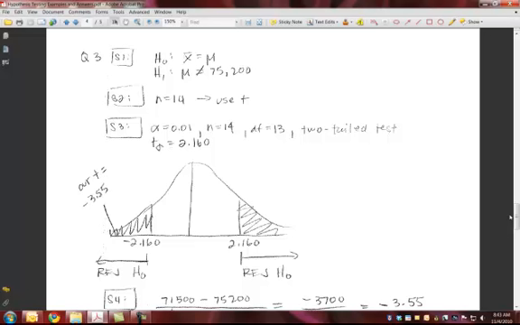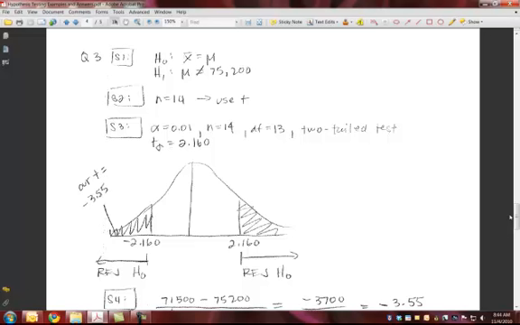So we go and we hit the t-table, we scroll down to a degrees of freedom of 13, we go over to the row that has two-tailed tests, and then to the alpha level of 0.05, and we see that our critical value is 2.160.